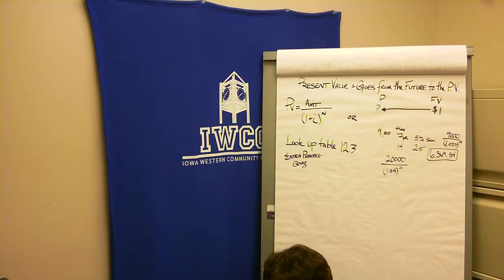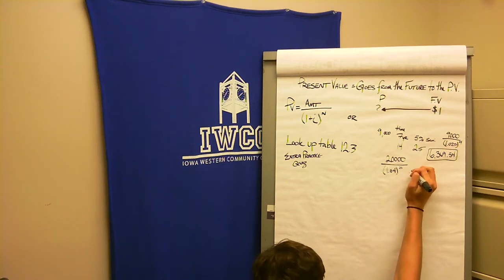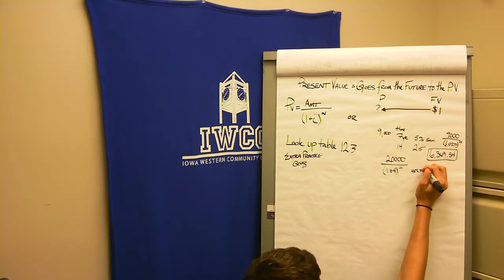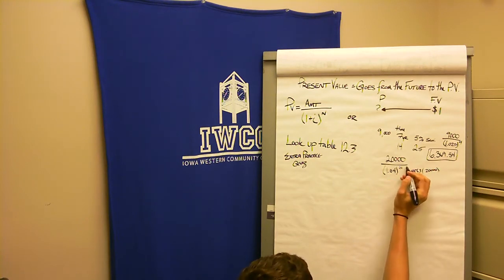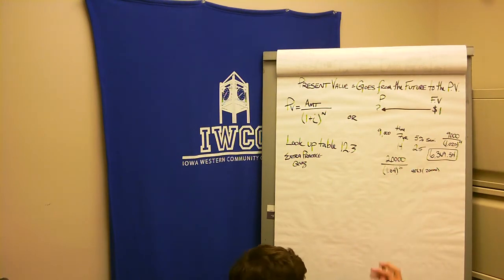Now that's my compound value, if I look it up on my table, is 0.4563, so I can either multiply that by 20,000, or I can take this and divide that into 20,000.